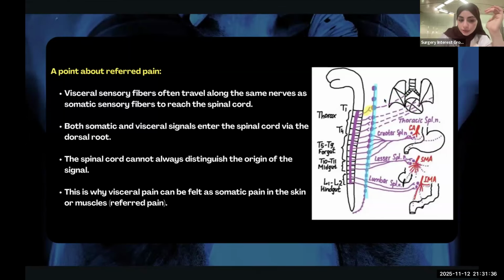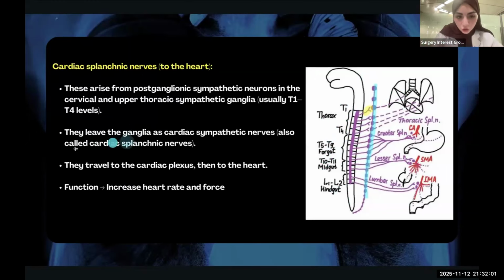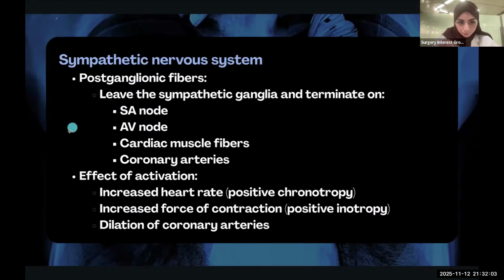It's supplying other organs because it's visceral innervation. But specifically, if I want to innervate the heart and the thorax, I'm looking at T1 to T4. Other levels will innervate either my stomach, my GI, whatever it may be. You don't need to worry about these. All I want you to know is that T1 to T4 is going to be thoracic splanchnic nerves that are going to be innervating specifically the chest wall and the heart, the autonomic innervation of the heart, okay?